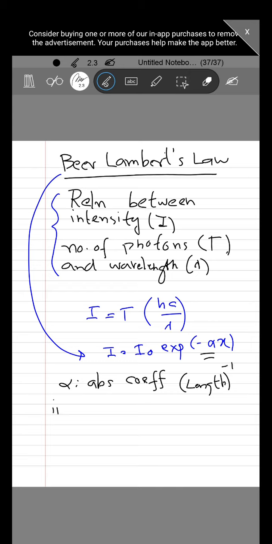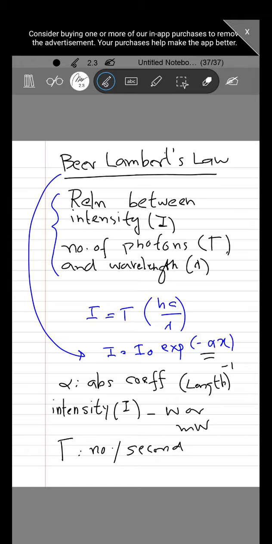The intensity I has the unit of power, that is watts or milliwatts, and the number of photons is expressed as a number per second. So this is how Lambert's law looks.